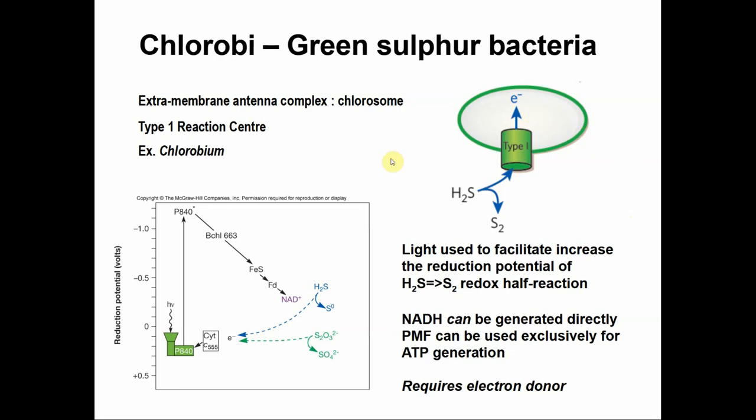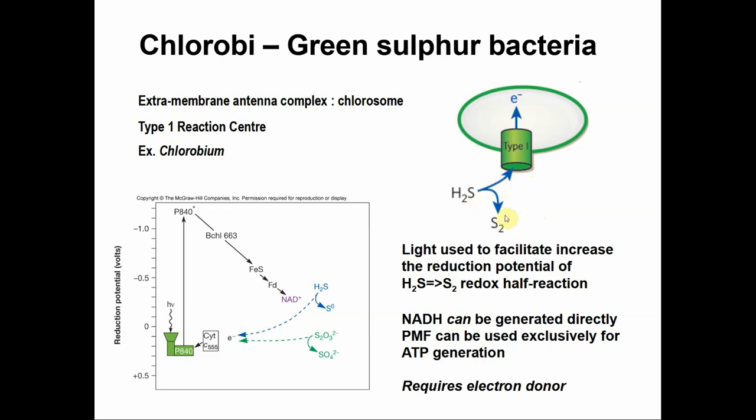So in this sense, green sulfur bacteria are basically lithotrophs.